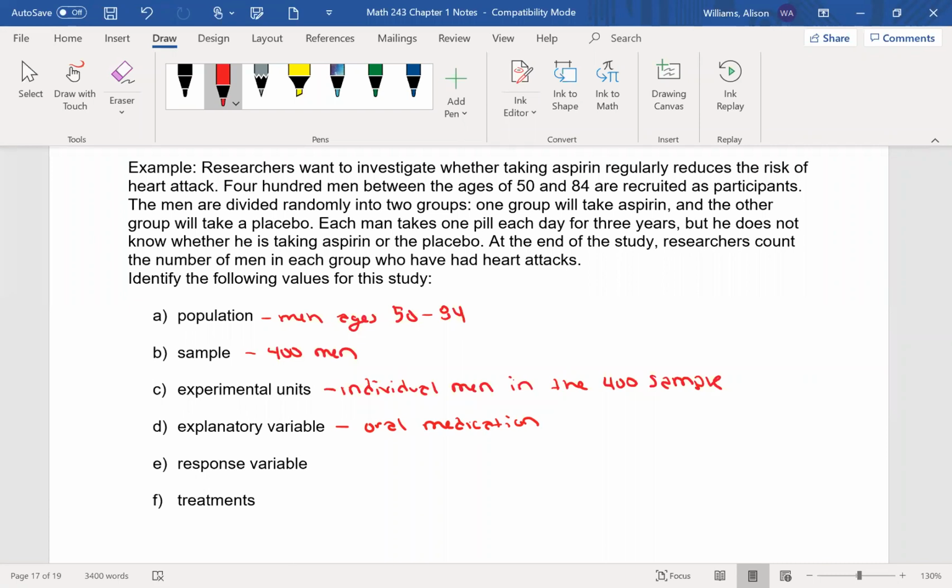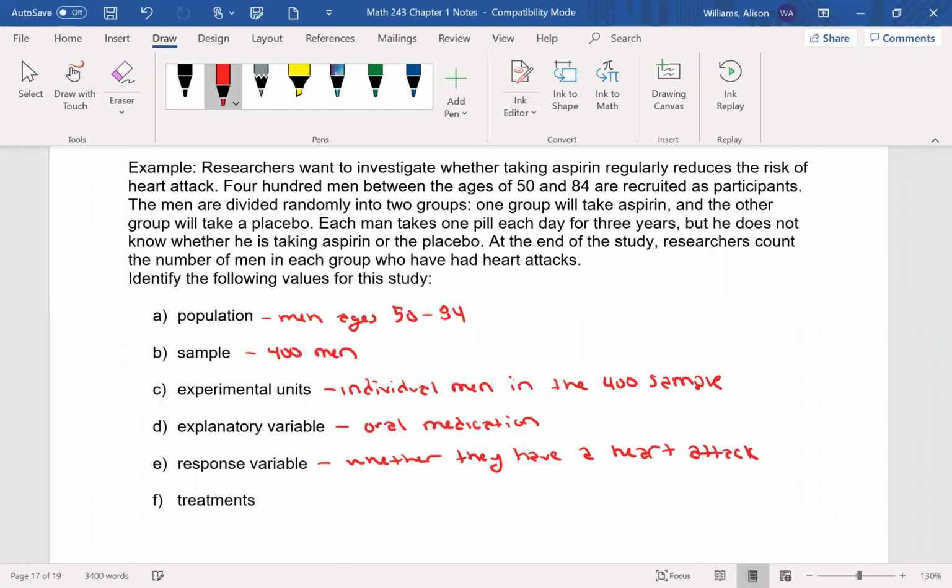The response that we're interested in, that we're concerned about, of course, is whether or not they're going to have a heart attack. And this is why they gave it 3 years. It's going to take time.